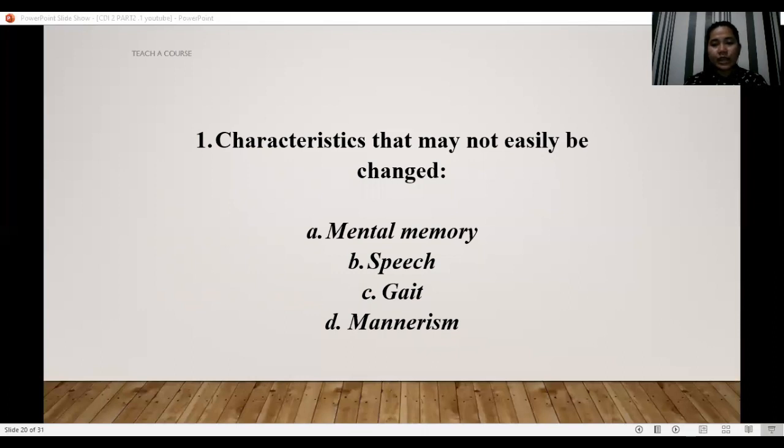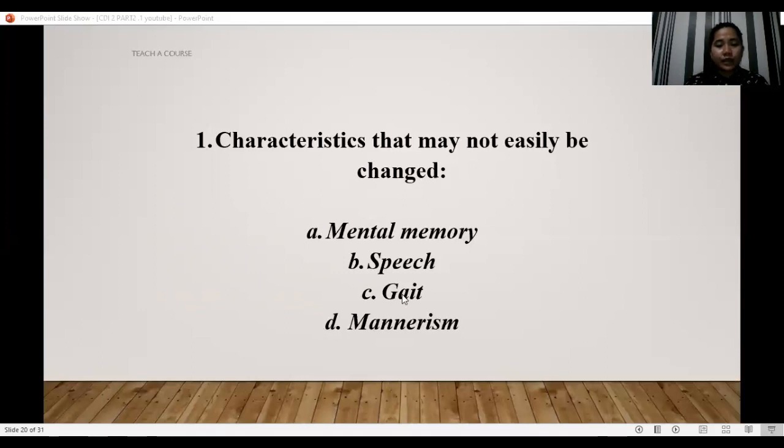So the second one is speech. So a person may stammer, stutter, or lisp. However, if the manner of talking is due to some physical defect like harelip or cleft palate that has been corrected by surgery, there may be a change in his manner of speech.